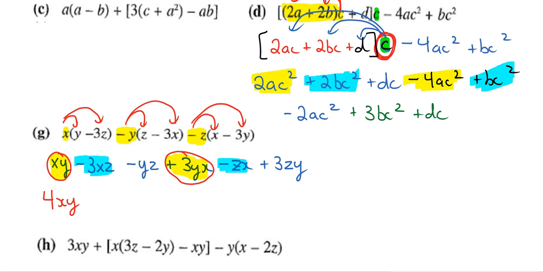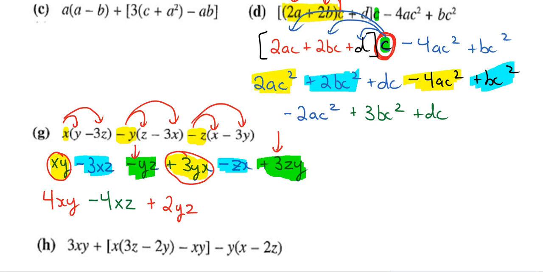Negative 3 minus 1 is going to give me negative 4, and then the variables just carry along. And finally, this part in green here, I have a negative yz and a plus zy here. Those are like terms because they have the same letters. If I take this 3 here and subtract 1 from it, that will give me plus 2yz. And that's it.